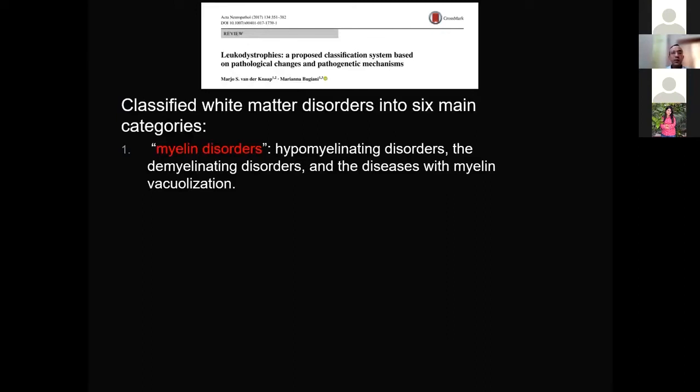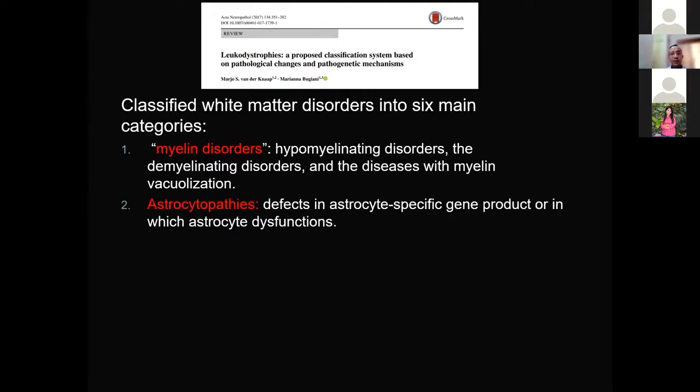Recently, Van der Knaap et al. have proposed a new classification depending upon the pathological changes and the pathogenetic mechanisms. They have divided the white matter disorders into 6 main categories. The first and most important is the myelin disorders, which includes the hypomyelinating disorders, the demyelinating disorders, and the diseases with myelin vacuolization.